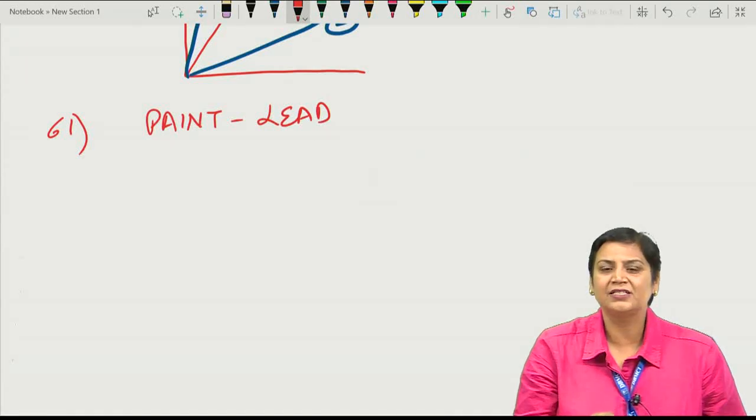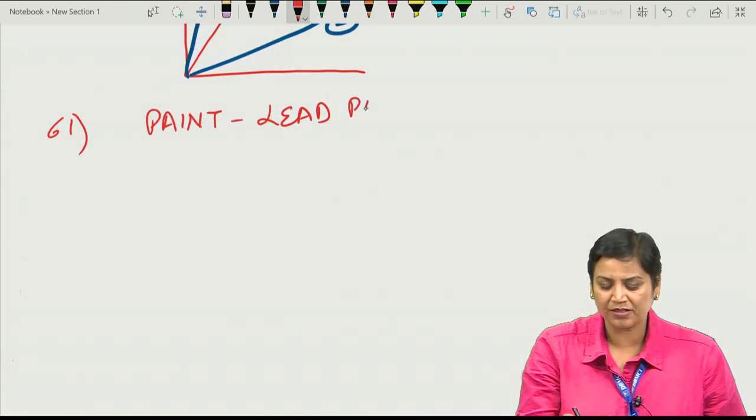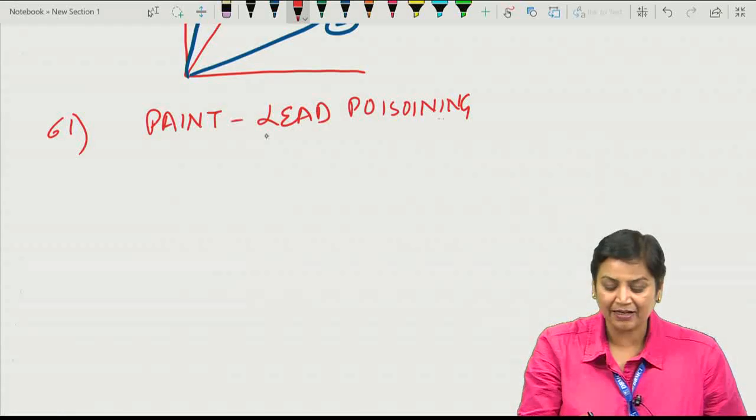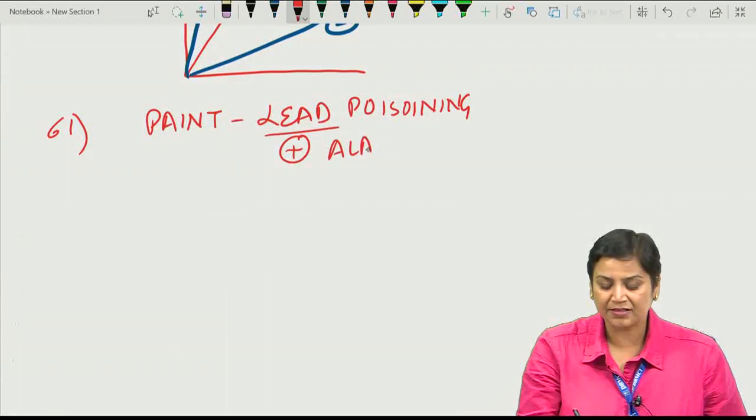So basically this is lead poisoning. Lead is an inhibitor of ALA dehydratase.